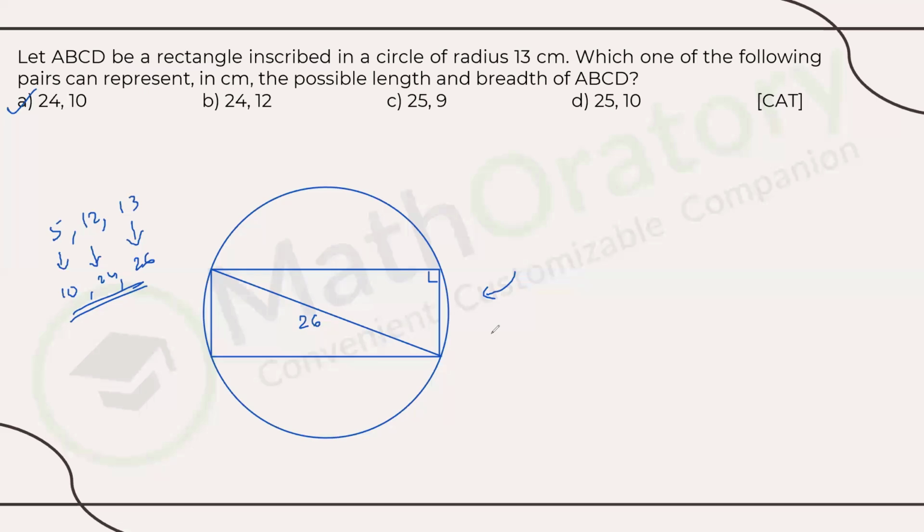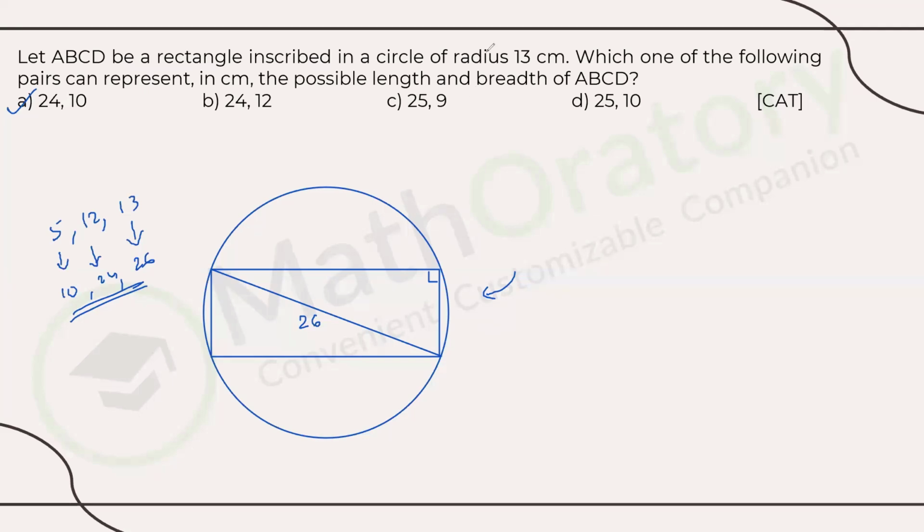It's not a concept you have to mug up, but because it's a very straightforward understanding, if you have practiced a good number of questions in geometry, you should be able to visualize that the diagonal will subtend 90 degrees for a rectangle, because the interior angles of a rectangle are 90 degrees, right? So the diagonal will subtend 90 degrees on the circumference if it is inscribed in a circle, then obviously the diagonal has to be the diameter of the circle.